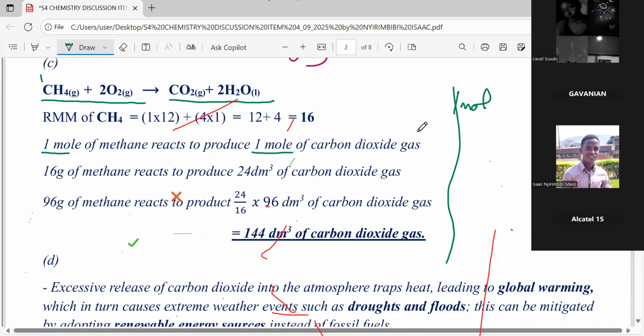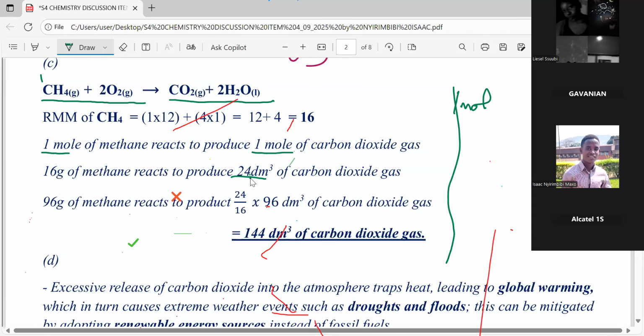Now, you recall we are looking for the product, and our product is carbon dioxide, and we want it in terms of volume. Which means we are going to look for 1 mole of this carbon dioxide in terms of volume. But if they wanted us to know the mass of carbon dioxide produced, we could convert this 1 mole into mass.